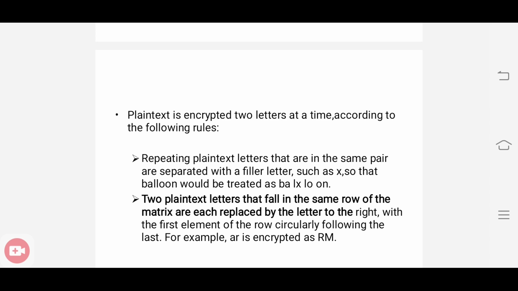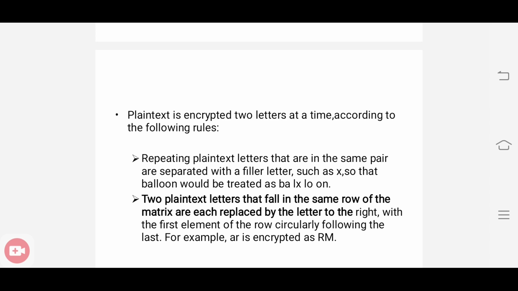So what is the rule for encryption? In plain text, 2 letters are treated as a single unit. Consider our plain text is balloon. So BA is treated as a single unit.